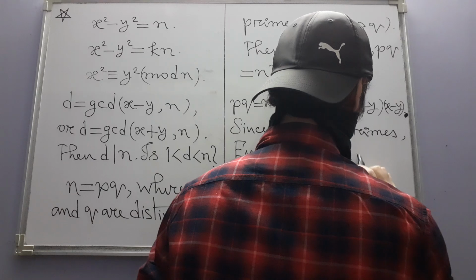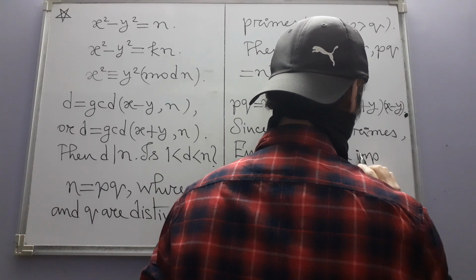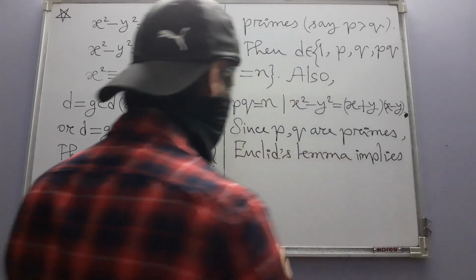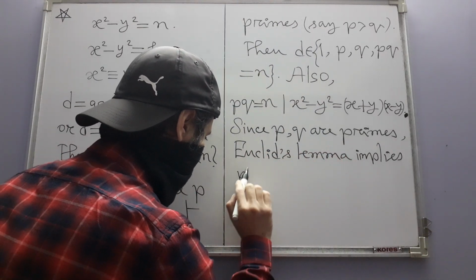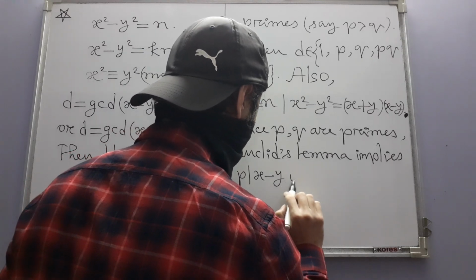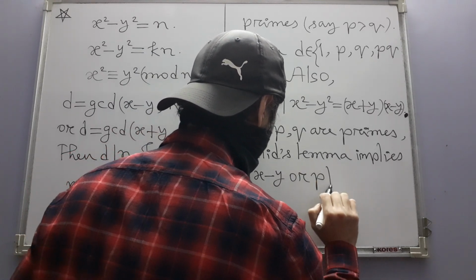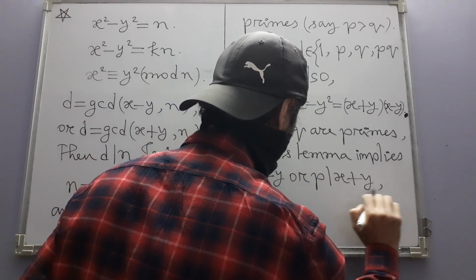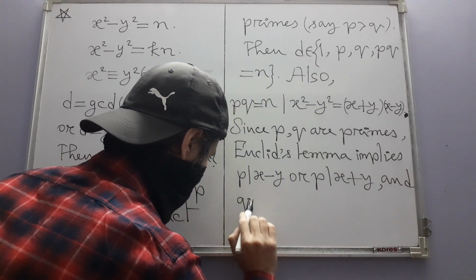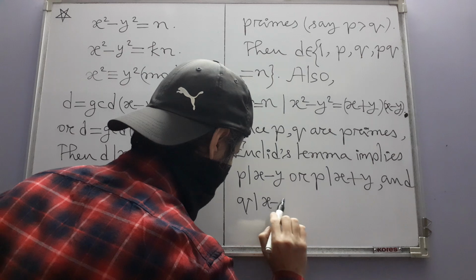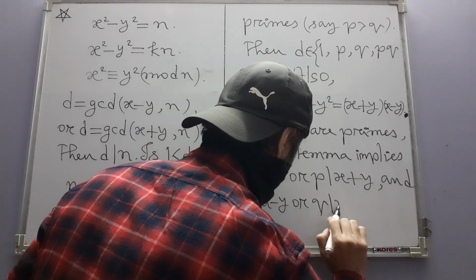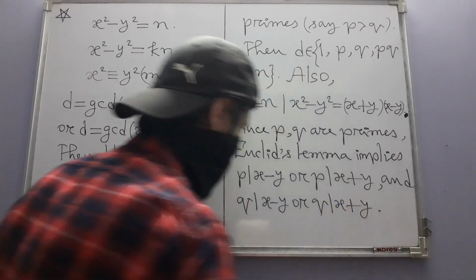So Euclid's lemma implies that either p divides x minus y or p divides x plus y, and either q divides x minus y or q divides x plus y.